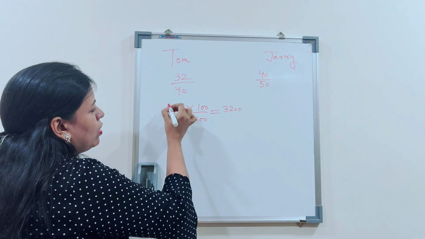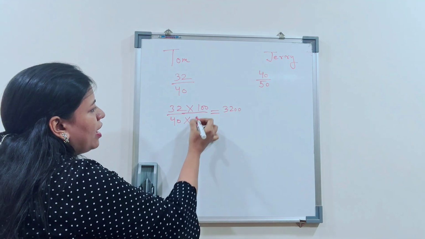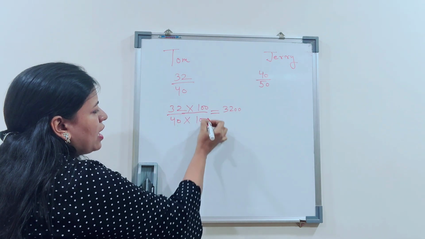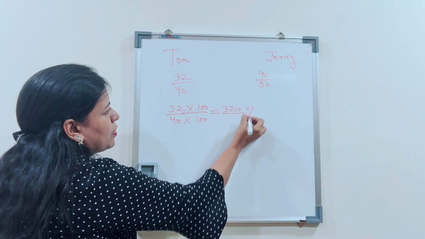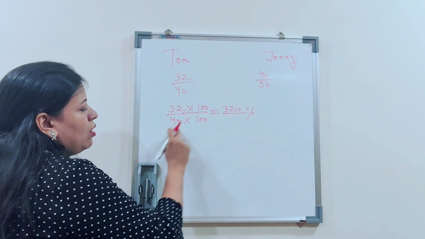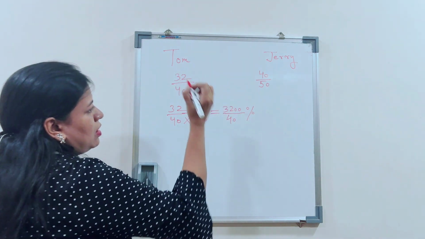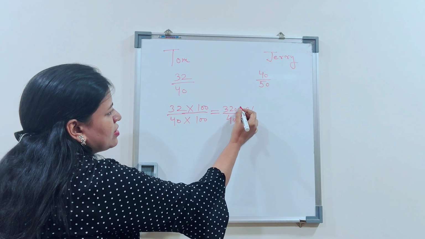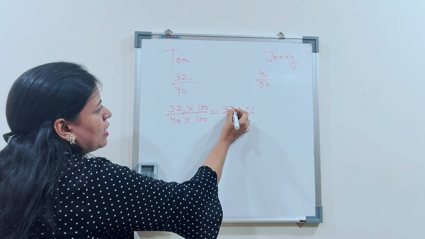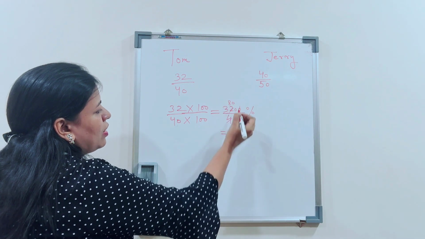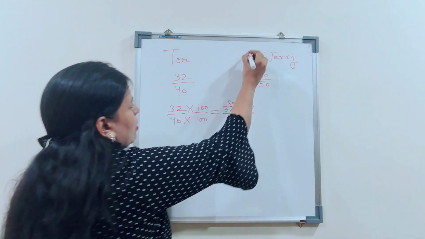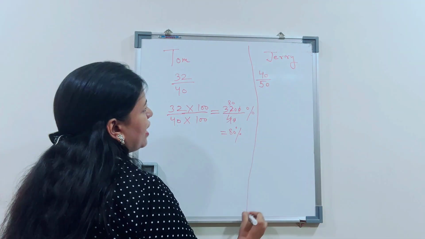Now, this whole number in the numerator divided by 100 is replaced with the percentage sign, and the other number sitting in the denominator here, which is 40, we write as it is. Now we can cancel the 0 with the 0 in the numerator, and 320 is divisible by 4. 4 8s are 32 and 0 left, so it is equal to what? 80%.